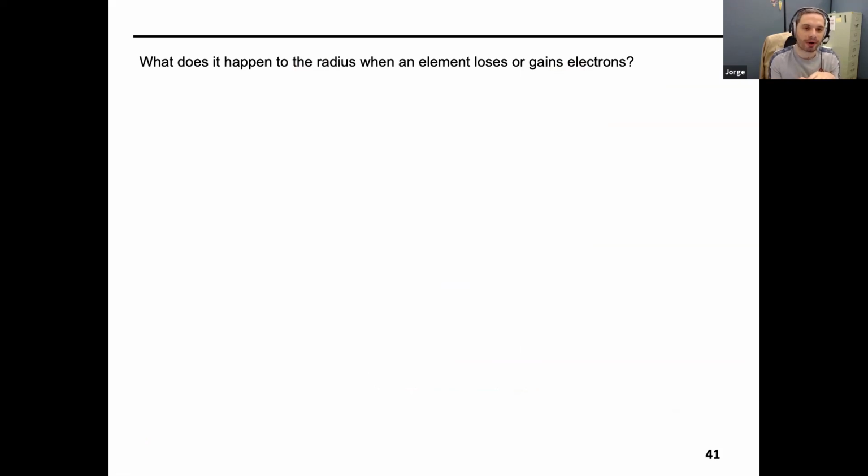So let's compare a neutral element and what will happen with the radius if this element loses an electron, or when an electron is gained. Will the radius increase, decrease, or have no change? So let's think about that for a minute. You don't need to answer me, and then we will analyze together.